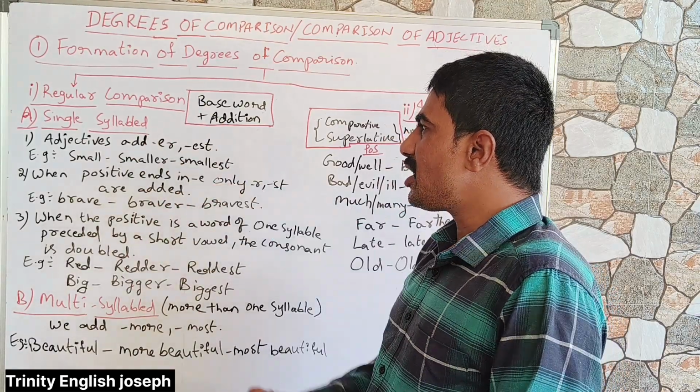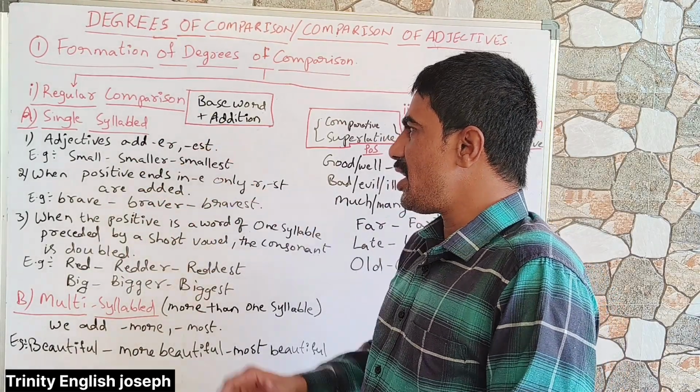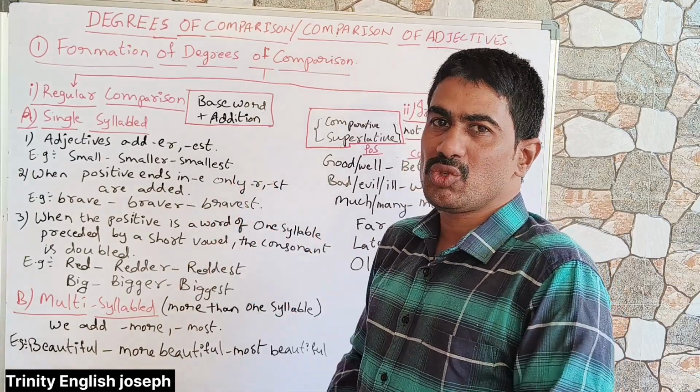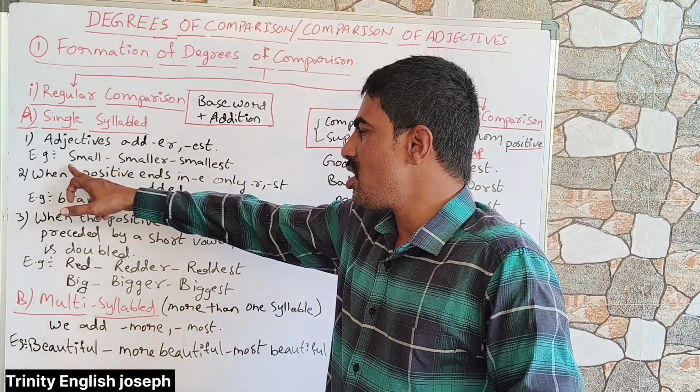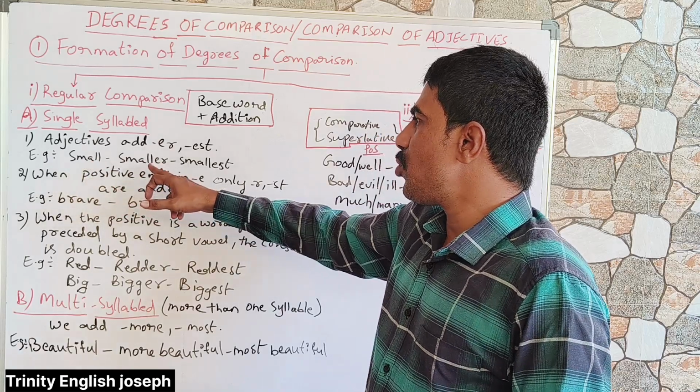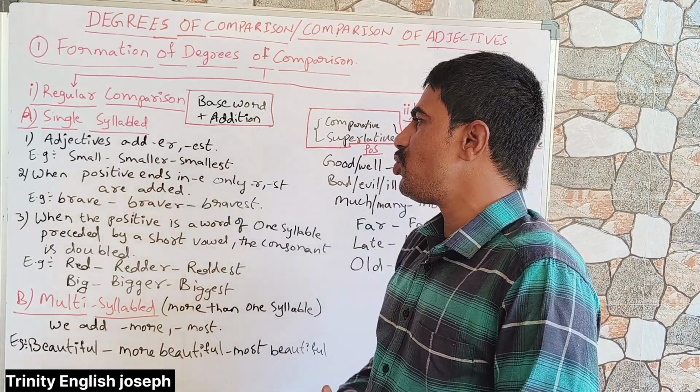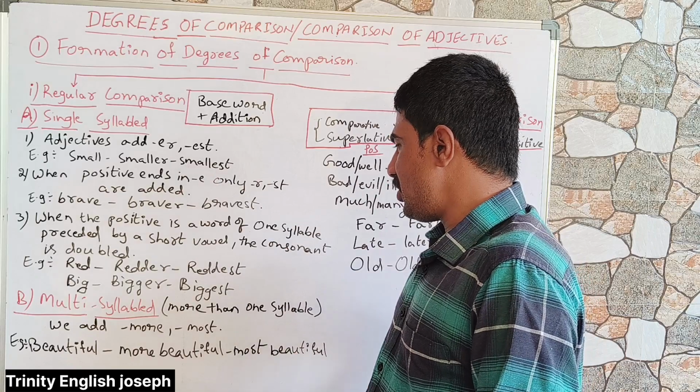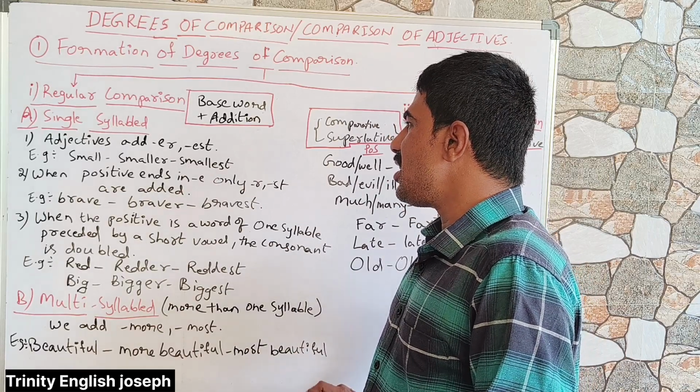First one is adjectives are added with er and est in the comparative and the superlative degree. If you see here, small is positive, smaller and smallest are the comparative and the superlative. Here what we did is we added er and est.